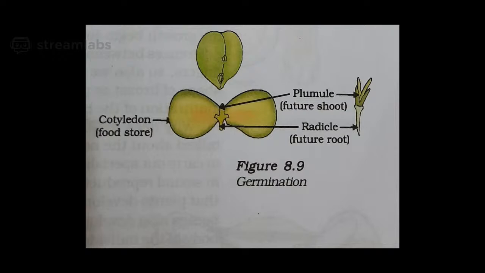And the other one is the radicle. The radicle develops as the root system. So this is very important. Which part will develop as shoot system? Plumule. And which part will develop as root system? Radicle. Excellent. So this is how a seed will develop as a new plantlet.